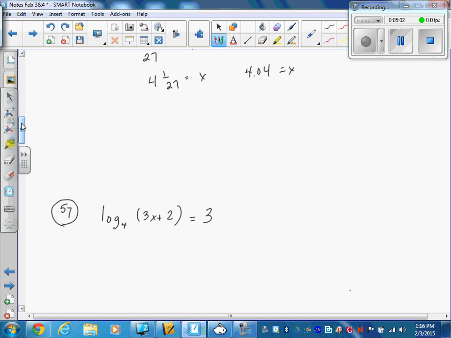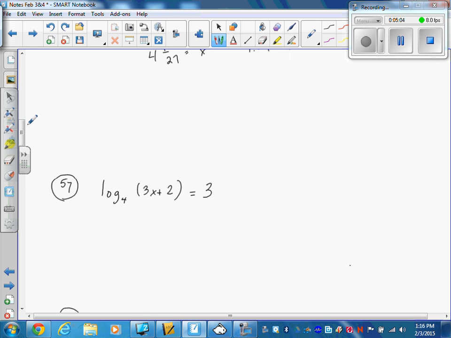Number 57 is log base 4 of 3x plus 2 is equal to 3. So 4 to the third power is equal to 3x plus 2. So notice we're getting rid of the log when we do this, and that's kind of the goal because we can't solve for x if we have a log in there.